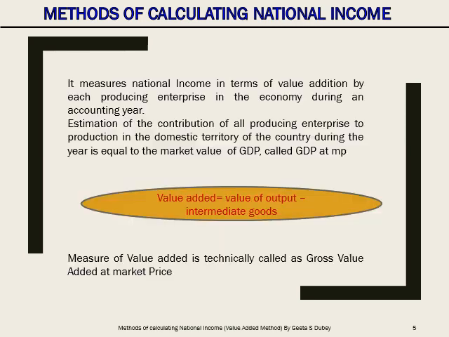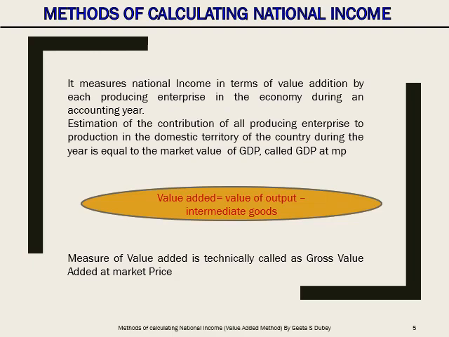We begin with the first phase of national income accounting, that is the production phase or the value added. When you use the term value added, what does it mean? Value added measures national income in terms of value addition by each producing enterprise in the economy during an accounting year. Value added, in fact, is value added to the intermediate product.